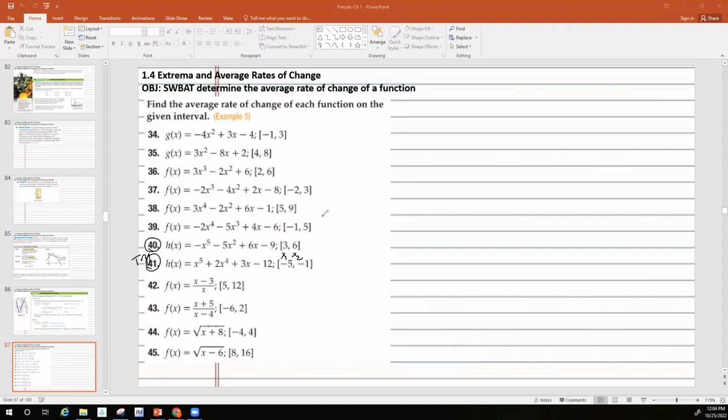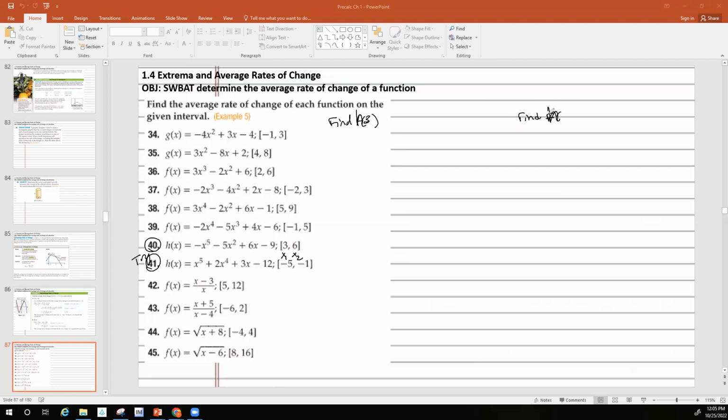Not x and y, x1 and x2. To find the y's, we have to plug those in. So we want to find f of 3 and f of, oh sorry, these are h.